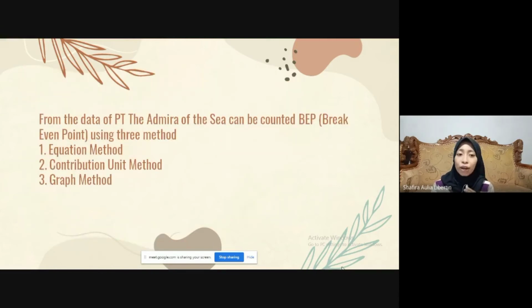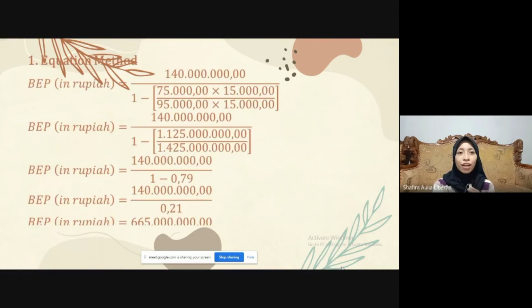From the data of PT Admira of the Sea, we can calculate the break-even point or BEP using three methods. The first is the equation method, the second is the contribution units method, and the last is the graph method.